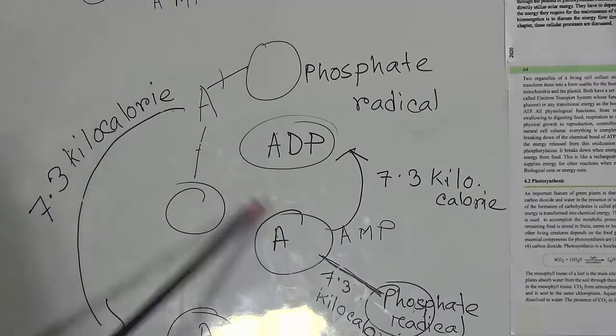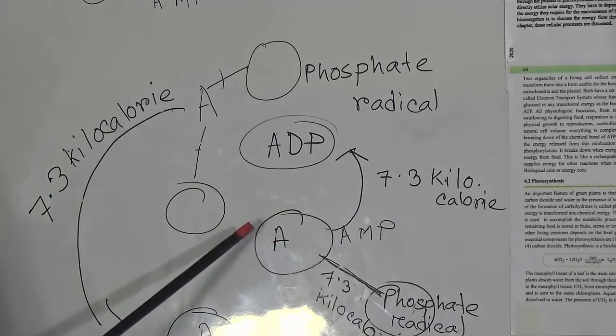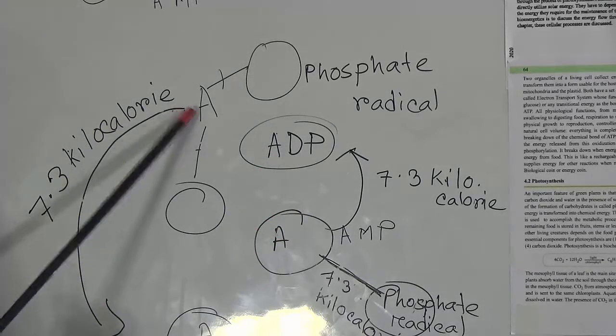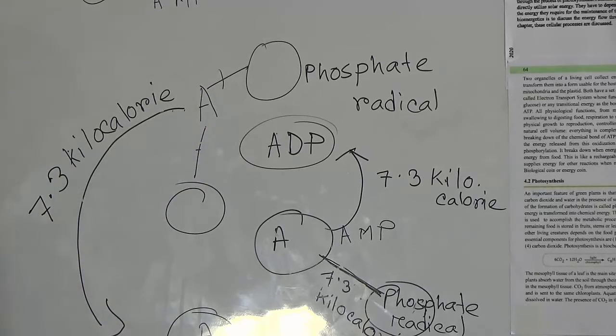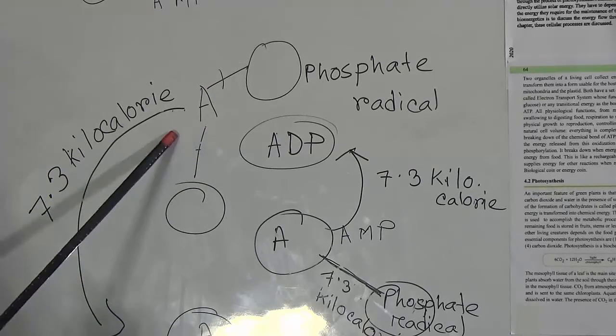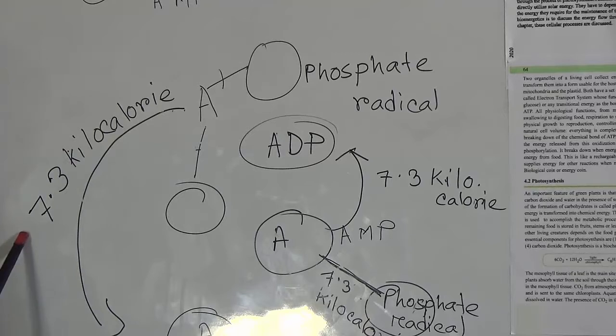That means when we eat food, we give the energy. At that time adenosine diphosphate becomes adenosine triphosphate. Adenosine diphosphate gets 7.3 kilocalories of energy and becomes adenosine triphosphate.